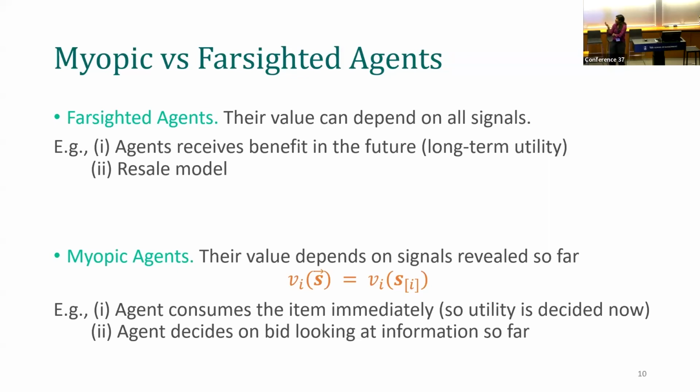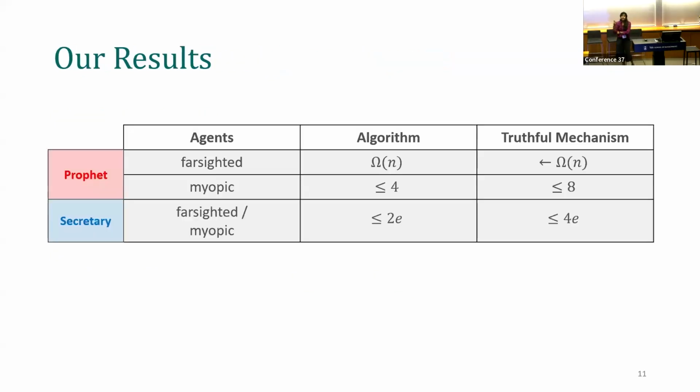And it turns out when we make this assumption and look back at our profit setting, we can actually get very nice positive results. I'll talk about all of the boxes in a second, but I'll take a quick second to add a little bit about the secretary setting, which I'm not going to talk about later. The distinction between far-sighted and myopic completely disappears in the secretary setting. This is because of the random arrival order of the agents.